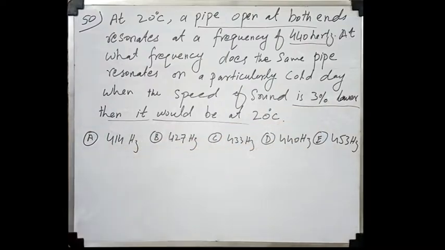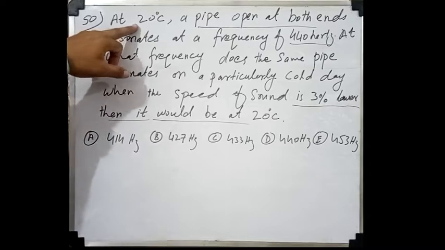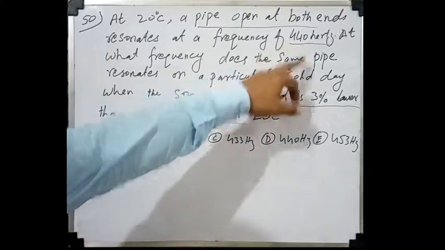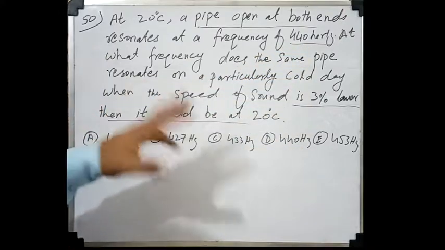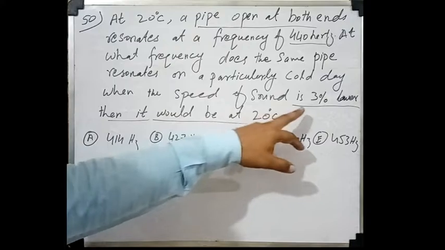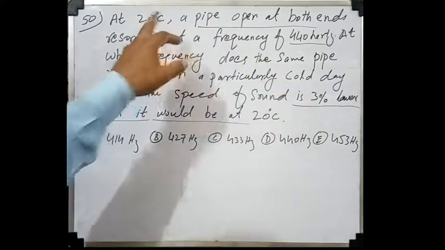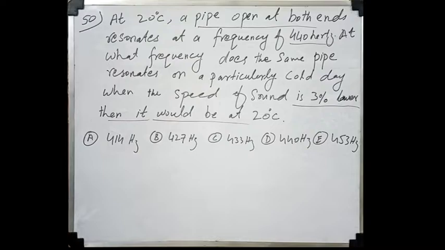We have an open organ pipe and the temperature initially is 20 degrees centigrade. At 20 degrees centigrade, the resonant frequency for this organ pipe is 440 Hz. The pipe remains the same in both cases, so the formula for speed and frequency will remain the same.